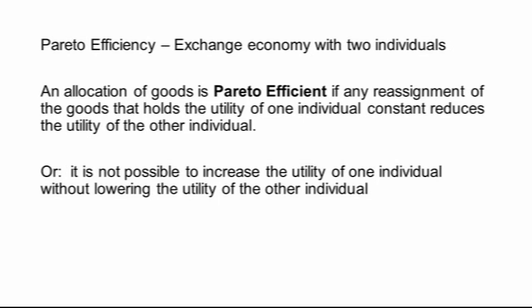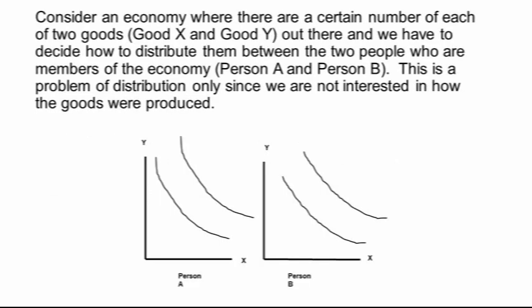What we want to do is keep redistributing the goods till I get to one of these Pareto efficient outcomes. I can't make one person better off without making the other one worse off. We can use some of the concepts that we know about the consumer, and specifically our knowledge of utility functions, to see what makes someone better off or worse off. If utility goes up, then the person's better off. If utility goes down, the person's worse off.